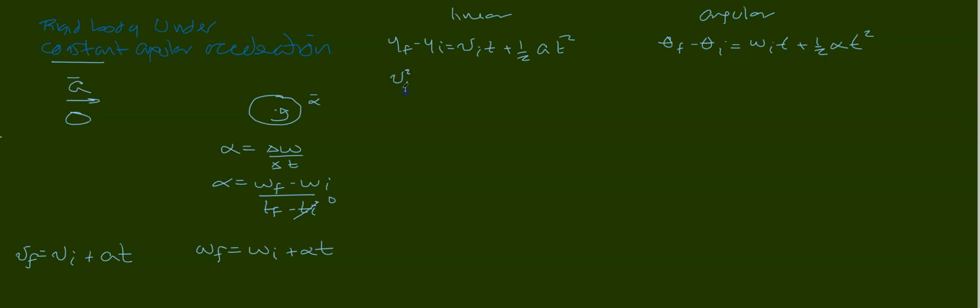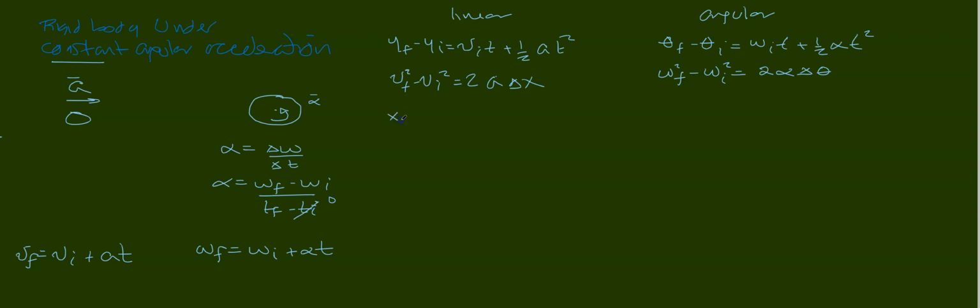Another one, final velocity squared minus initial velocity squared is 2a delta x. Well, the angular component, as you can probably guess, is just 2 times angular acceleration, instead of linear acceleration, and angular displacement instead of linear displacement.